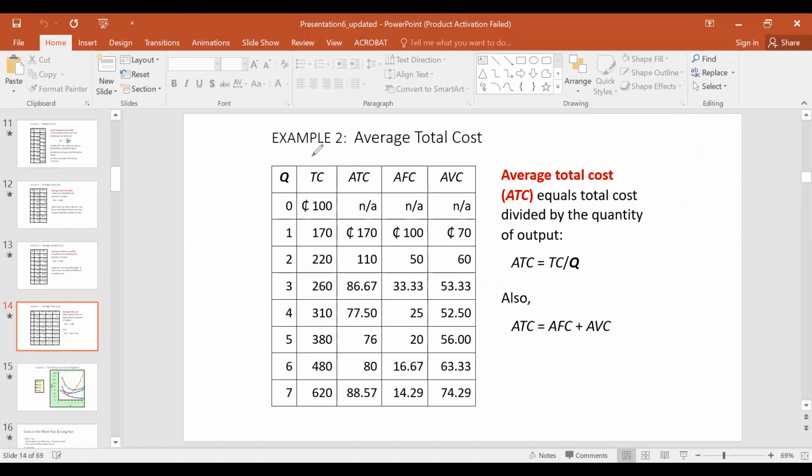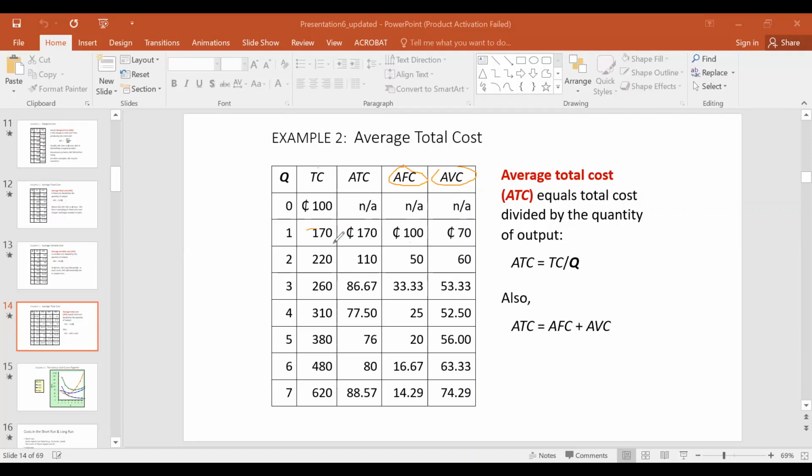Now, whenever we talk about total cost, we can also talk about the average total cost. Remember, a moment ago, in the last 2 or 3 minutes, we've talked about the average of a fixed cost and the average of a variable cost. So when you sum them, you get the average total cost.